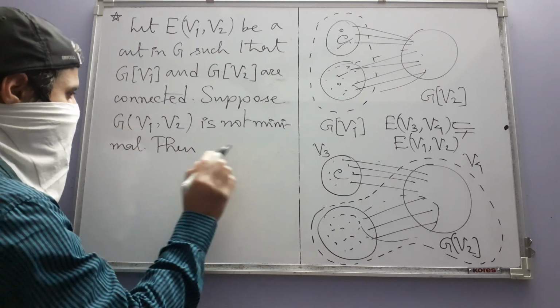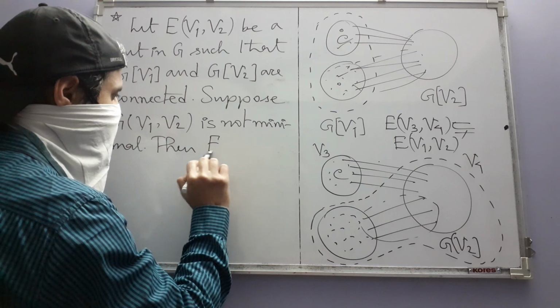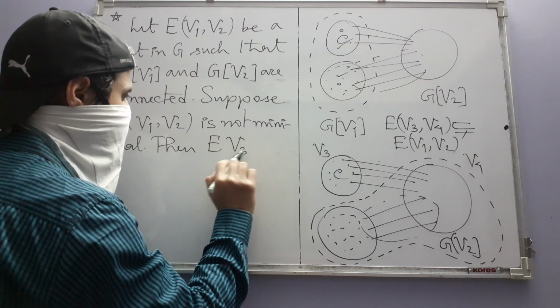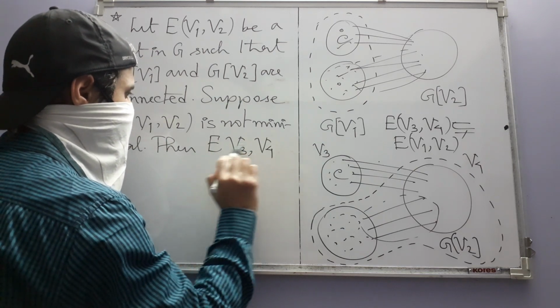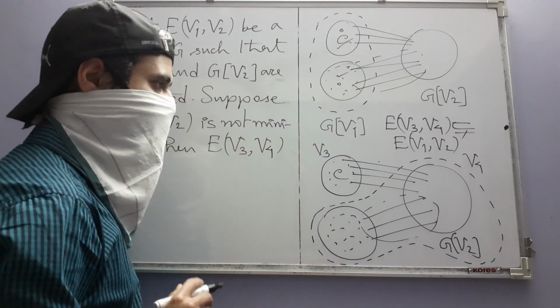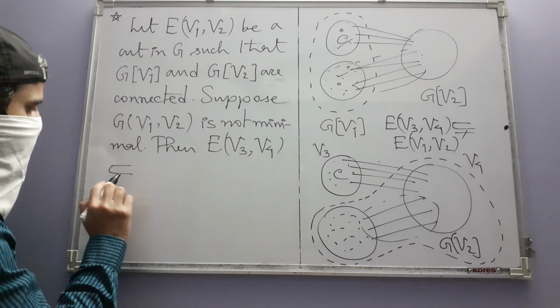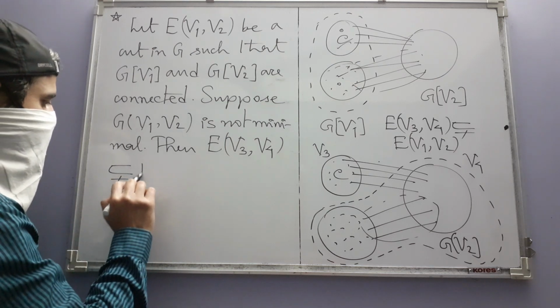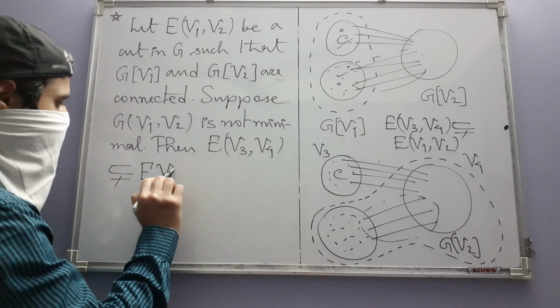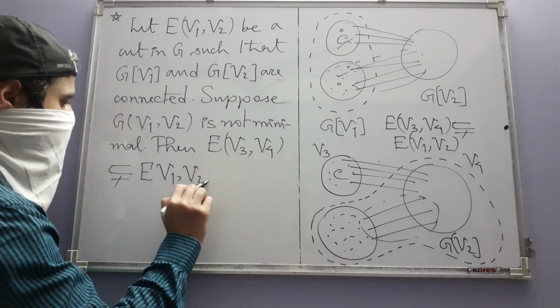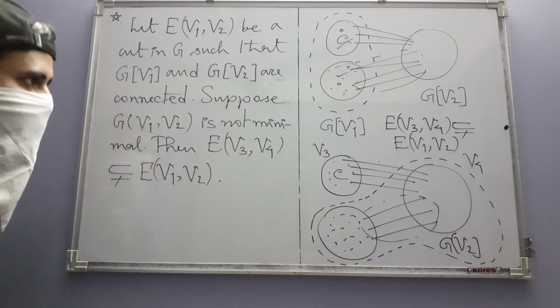Then, I'm writing in short, there exists a partition V3, V4 of the vertex set for which the corresponding cut is properly contained in that of V1, V2. Okay.